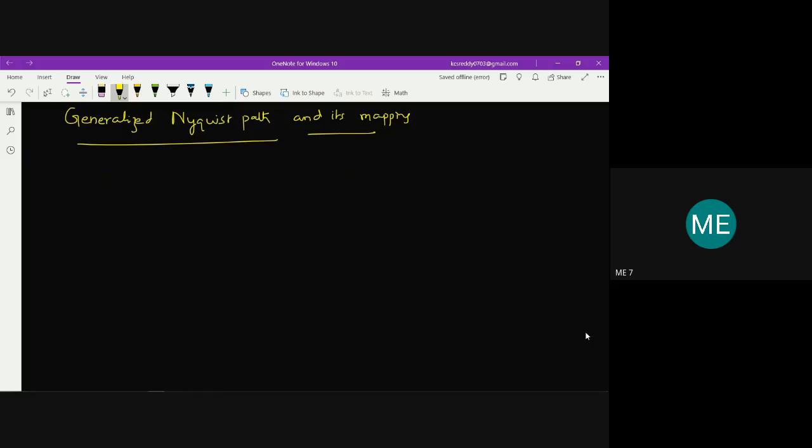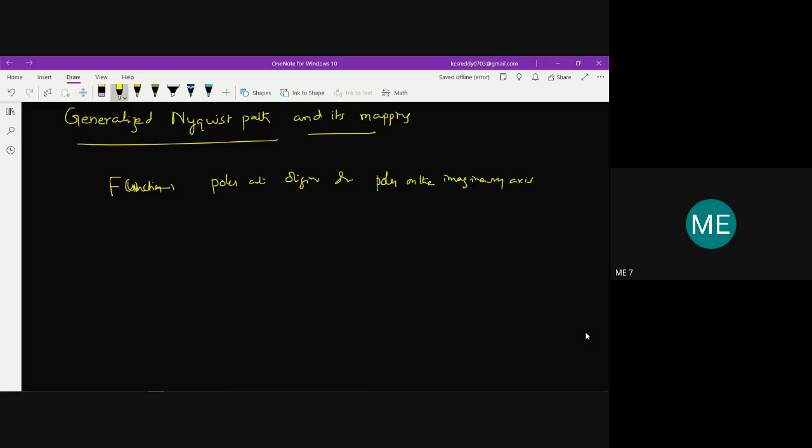If the function has poles at the origin or poles on the imaginary axis, the F of s which you have taken, the open loop transfer function, may have poles at the origin, or poles on the imaginary axis as well.